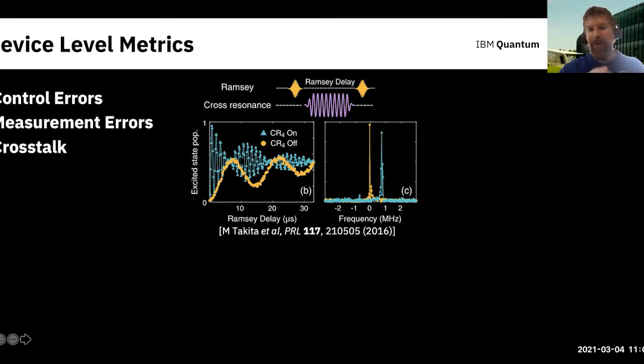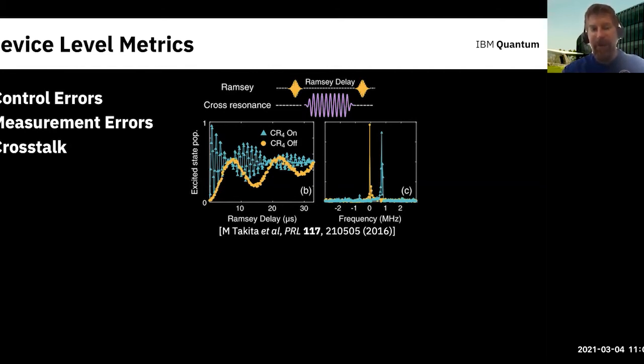That 1 megahertz detuning in our qubits will cause unintentional Z rotations around the Bloch sphere, and that will lead to errors as well. So actually, this is one of the reasons, and I'm not going to go through it in this talk, that you might have wondered why we're using this hexagonal lattice at IBM to build our quantum computers.